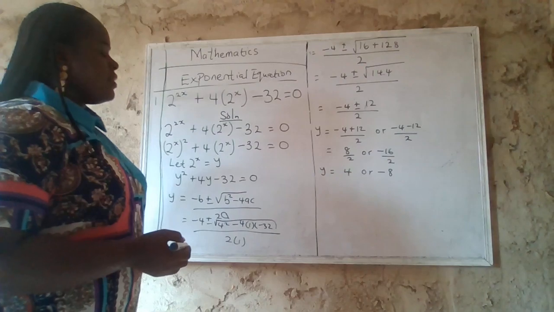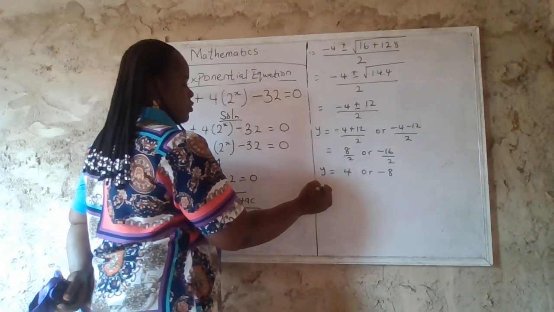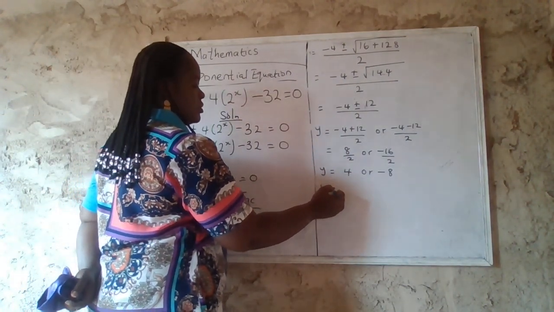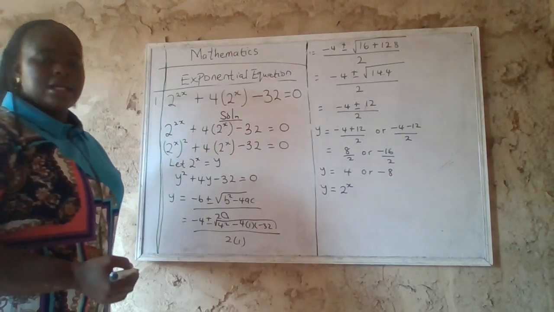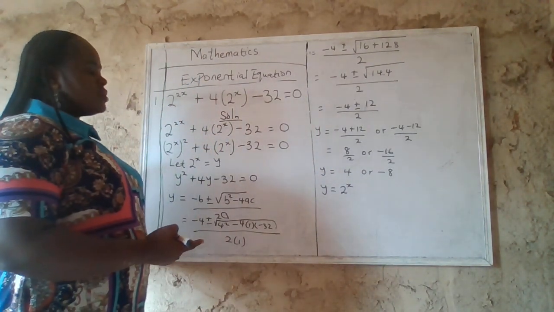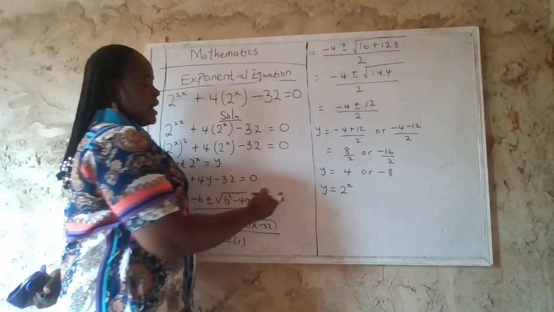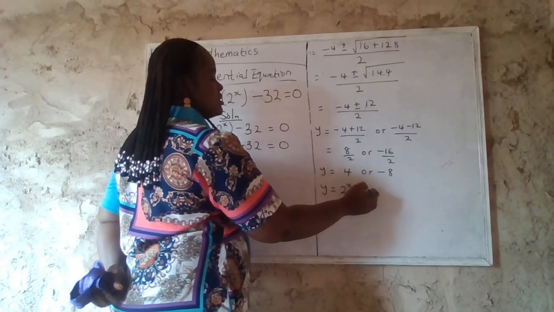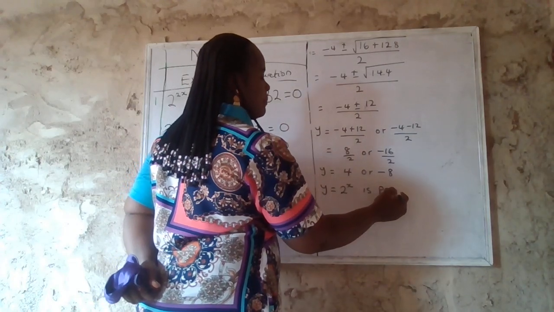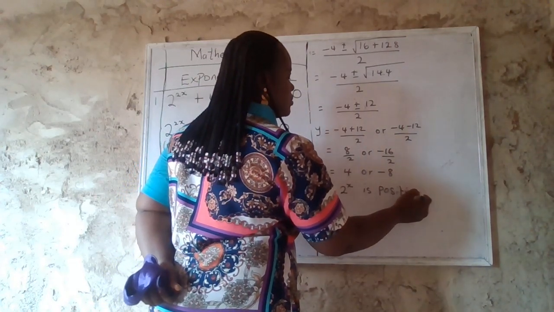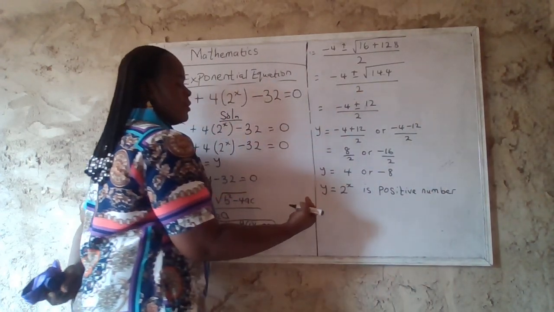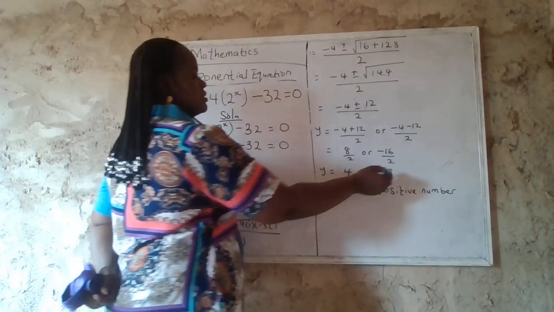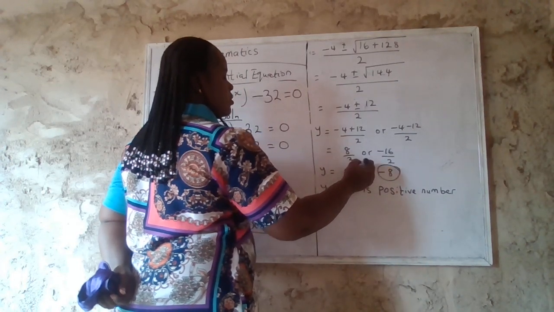Good. Now, but remember that our y was equal to 2 raised to the power x. 2 raised to the power x is a positive number. Since it is a positive number, we will neglect minus 8 and go for 4.